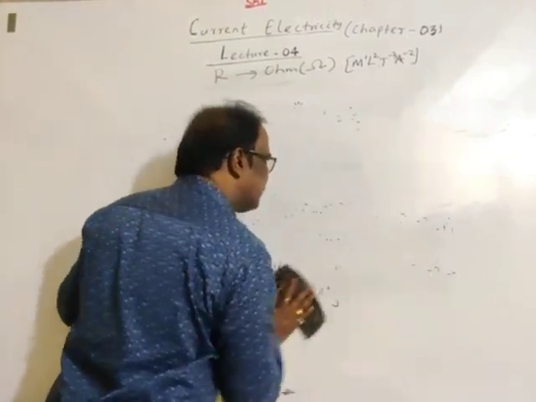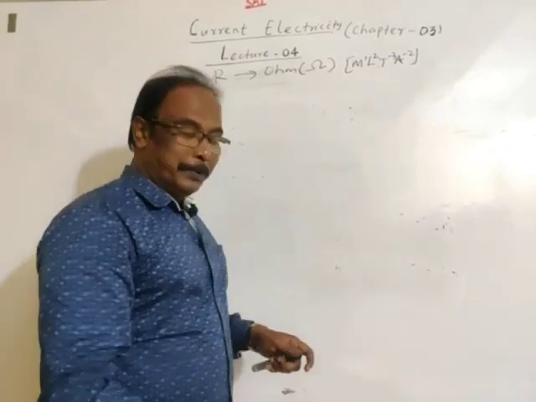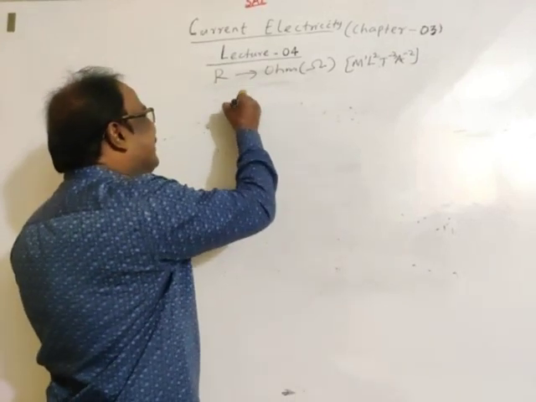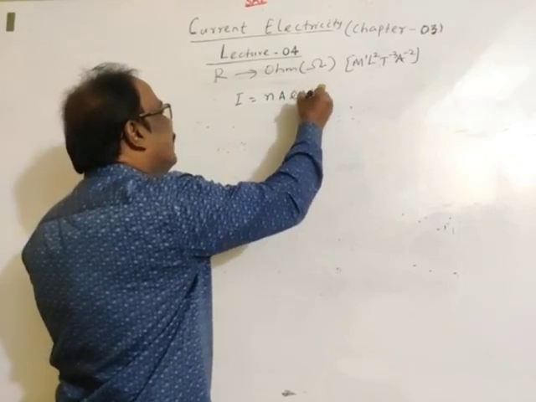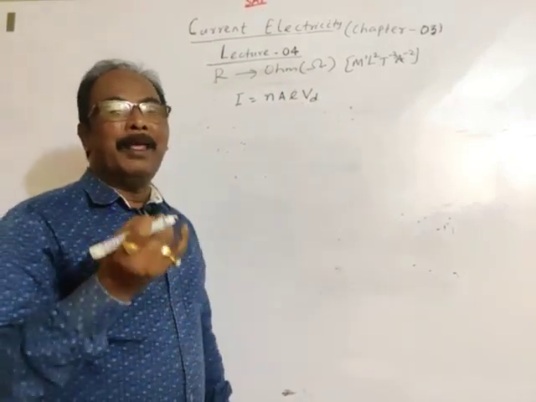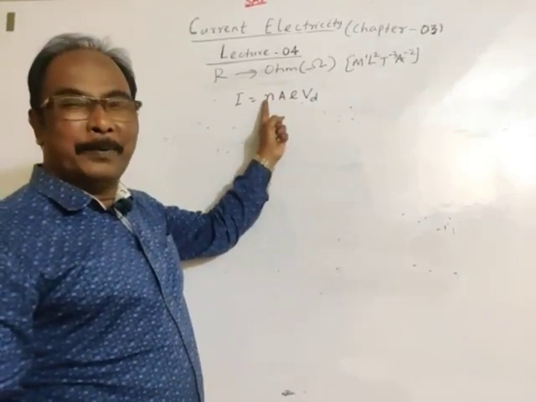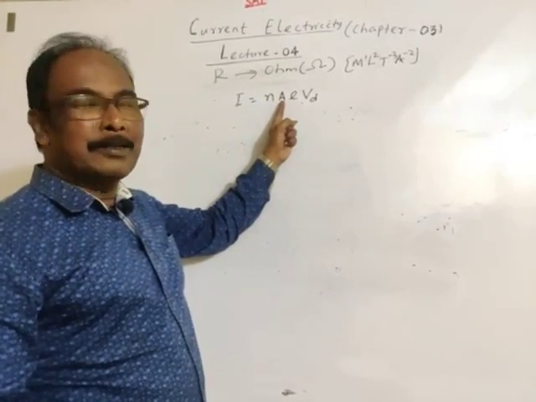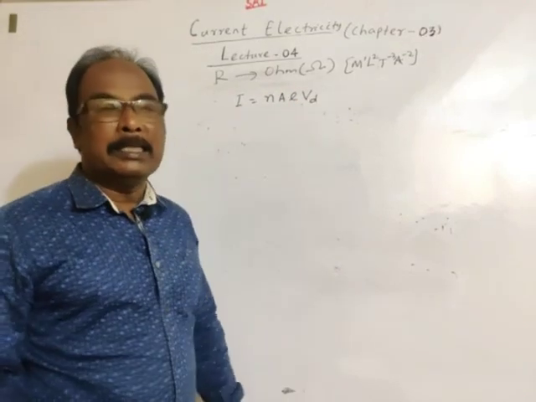Then some other discussions. We have established the relationship between current and drift velocity: I is equal to nAeVd. n is the number density of free electrons, A is the cross-sectional area of the conductor, e is the charge of the electron, and Vd is the drift velocity.